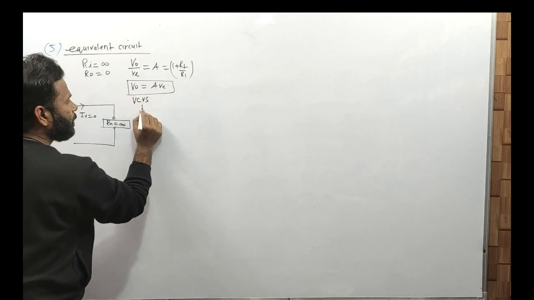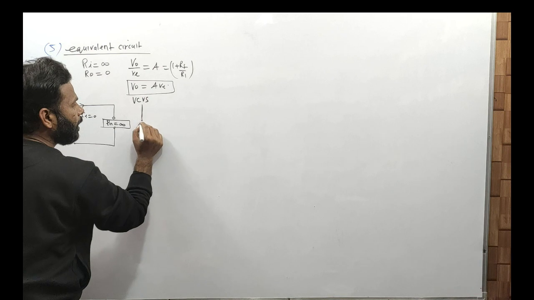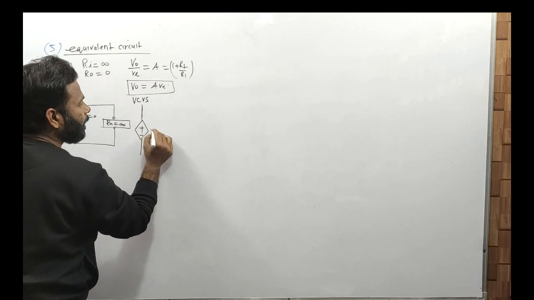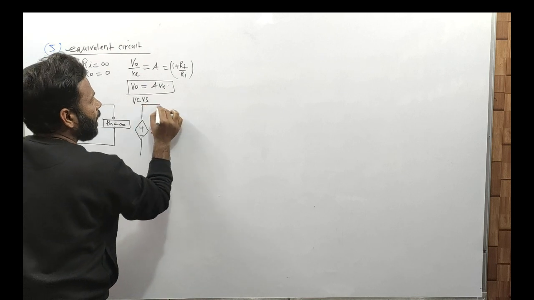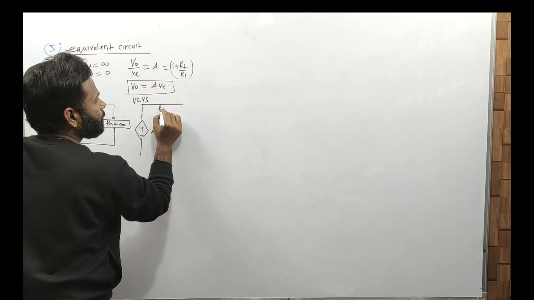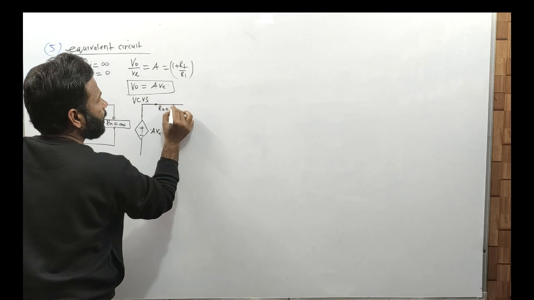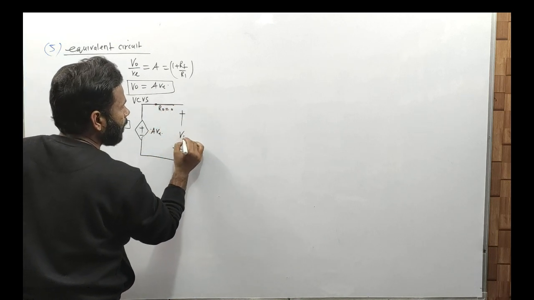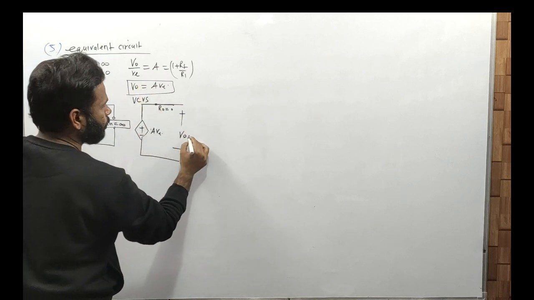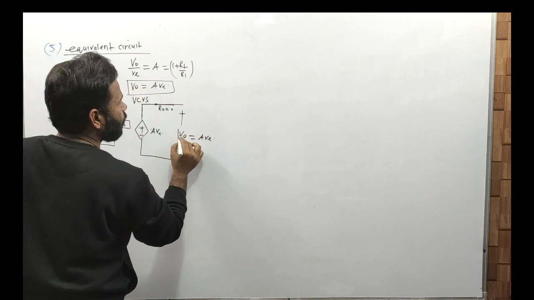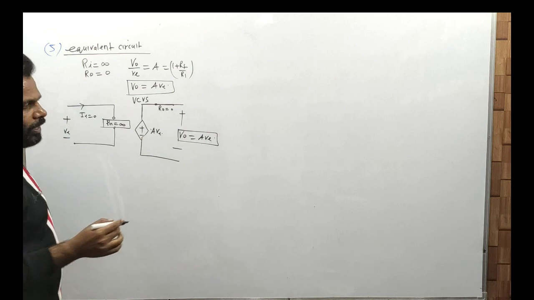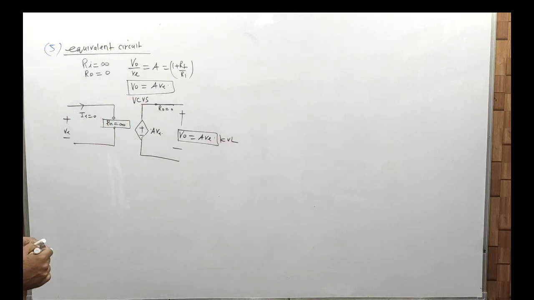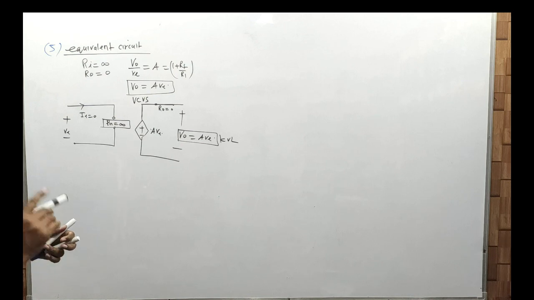So we are showing the output as a controlled voltage source, so it is A VI and output resistance is 0, so it is like shorted, then this is your output. Now if you apply the KVL, then output is just A VI, according to the KVL equation. Is it okay? So this is your equivalent circuit for non-inverting op amp.